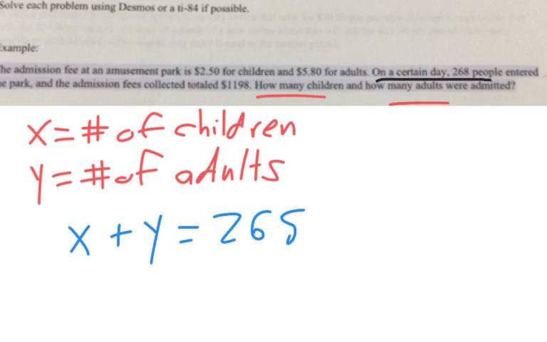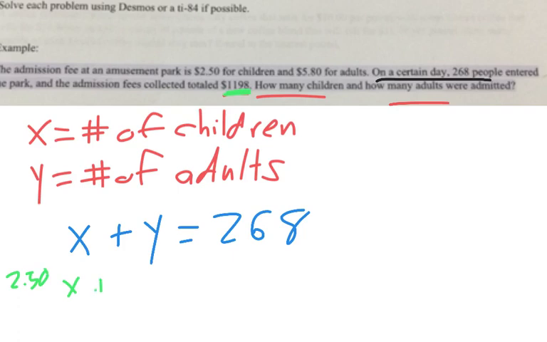Then the second one's going to have to deal with prices. So I know in total they made $1,198. Okay, well, how did they make that money? Well, if there were X children that entered the park, they made $2.50 off of every one of those. So $2.50 times X gives me the money collected from children's tickets.